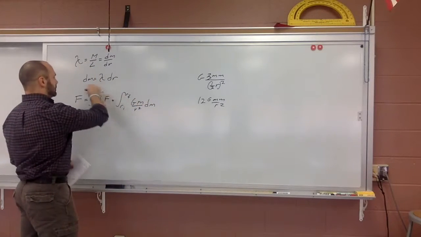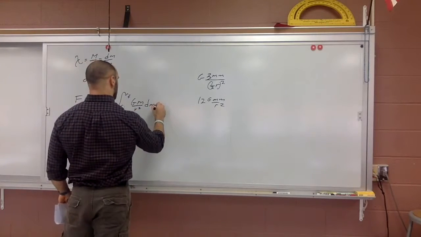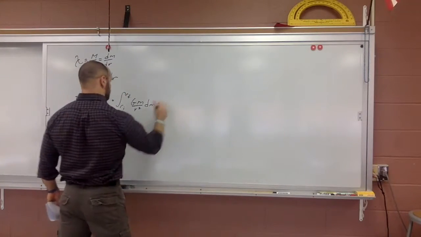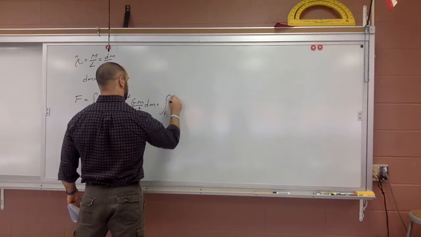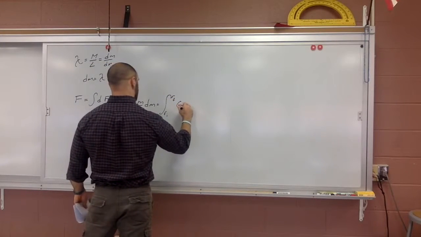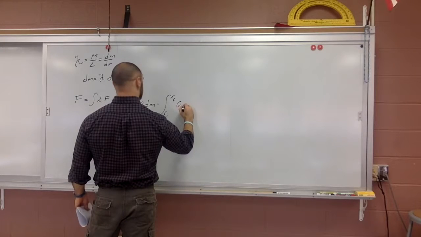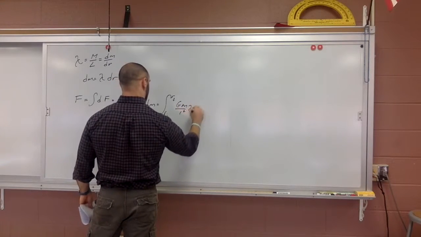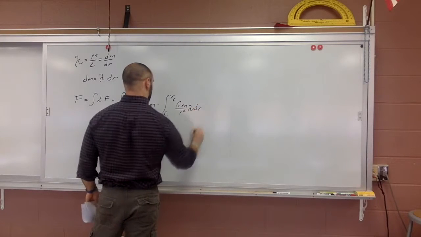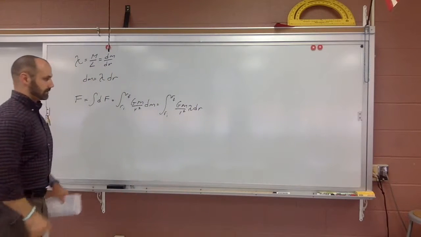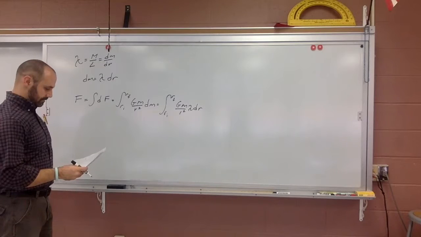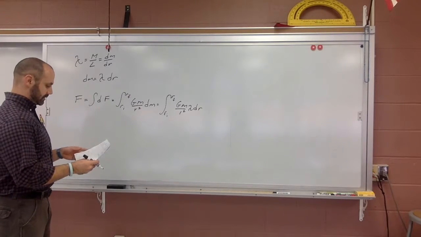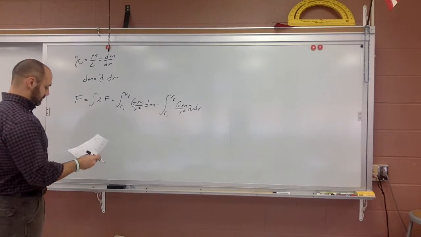This is the gravitational force on that particle from each of the little individual particles in that extended rod. But dm, we know, is this. So this is going to be from r initial to r final, G m over r squared lambda dr. And so when I do this, let's see.